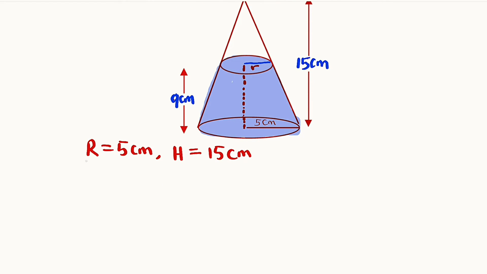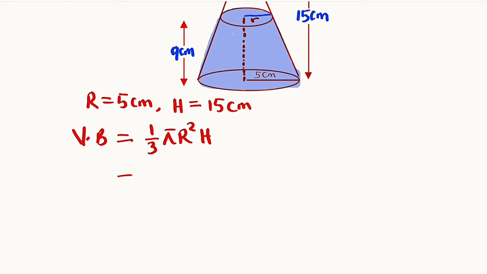The volume of the bigger cone will be equal to 1 over 3 pi r squared h. All we have to do is substitute. This is equal to 1 over 3 pi, capital R is 5 to the power of 2, multiplied by h, which is 15.